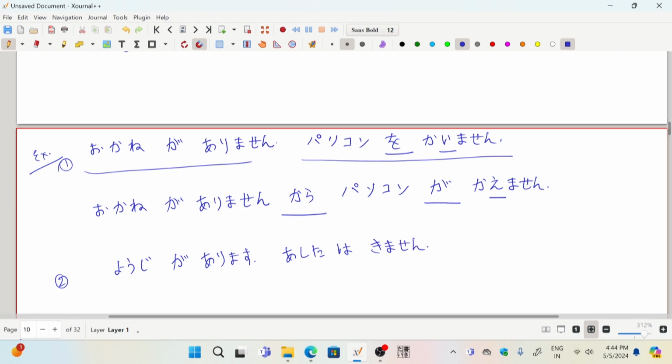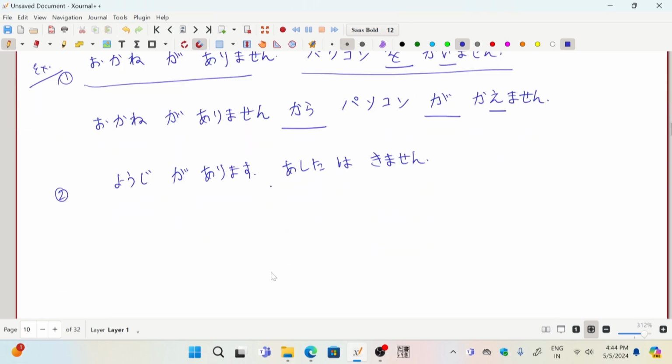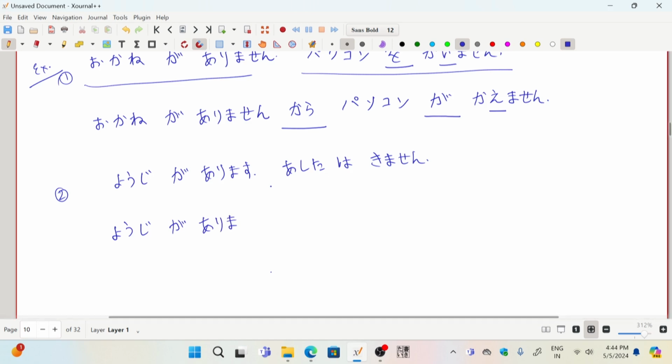Now, using this as a reason, we make the sentence: yoji ga arimasu kara ashita wa koraremasen.